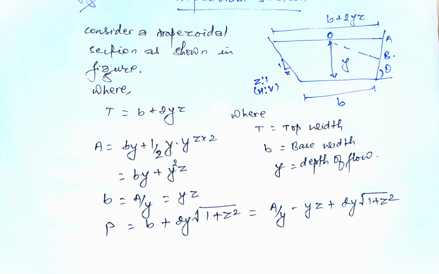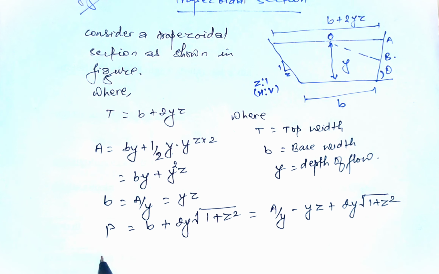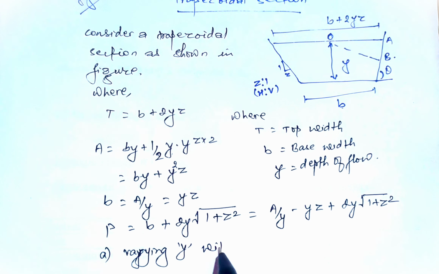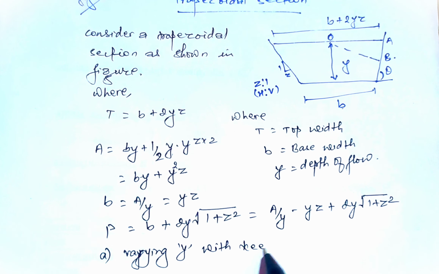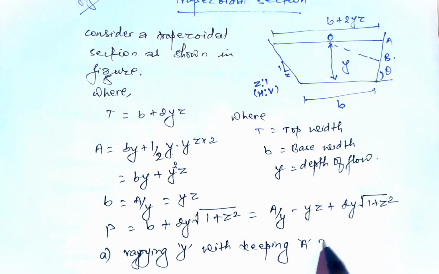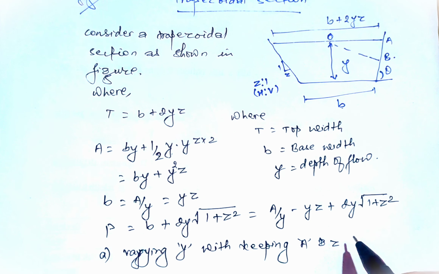While solving this, we will carry out the process in two steps, and the first step will be by varying y, keeping A and z as constant.